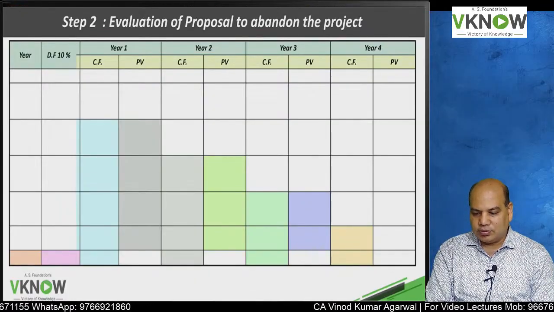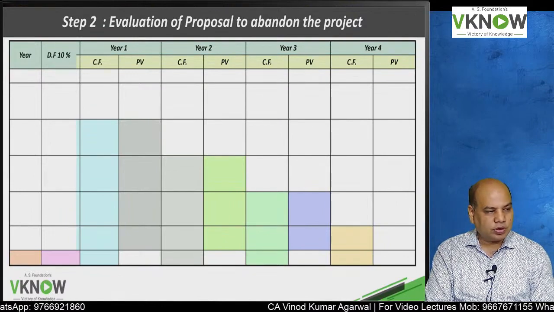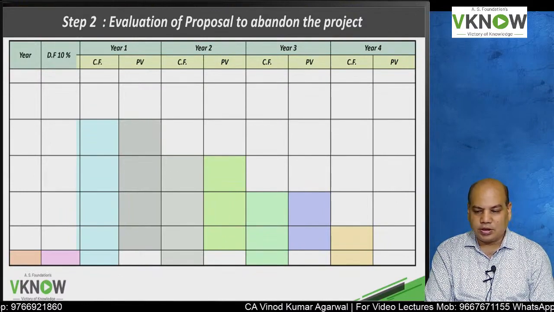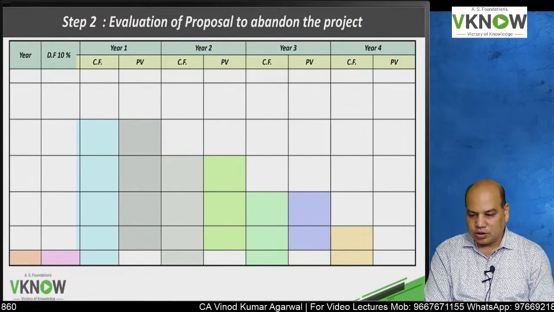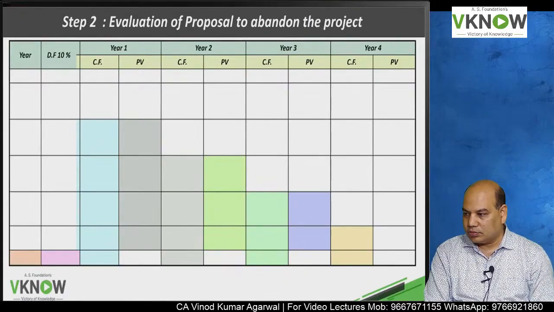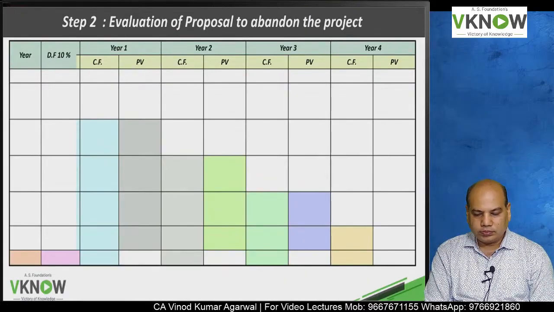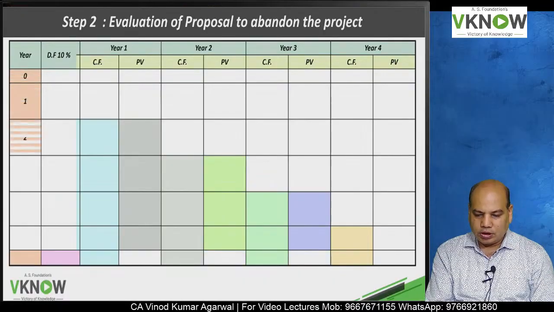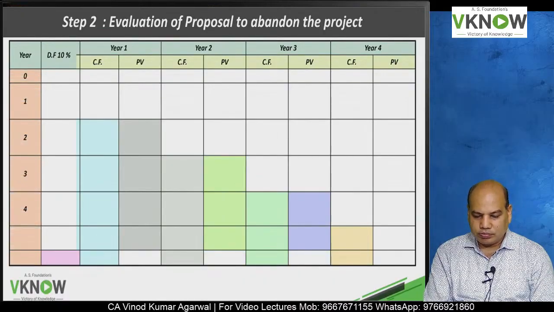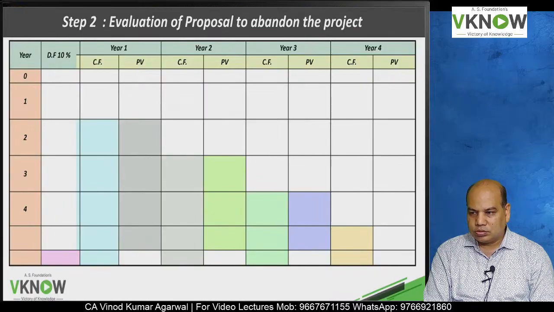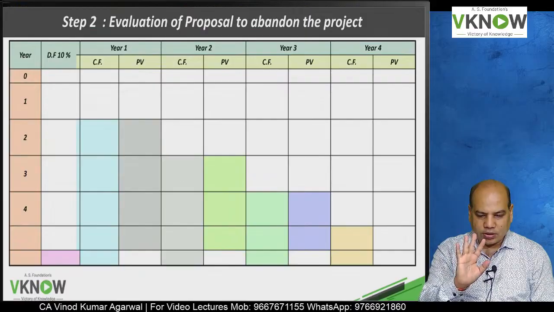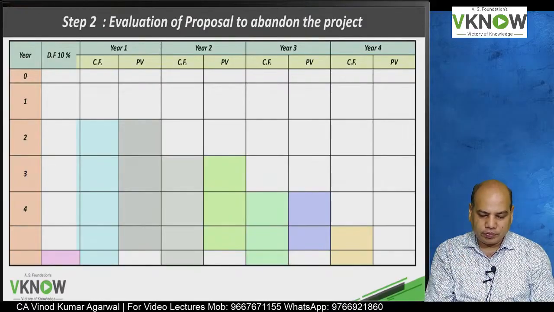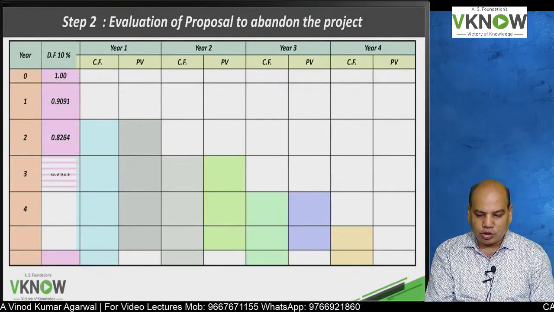Under that year 1, cash flow, present value; year 2, year 3, year 4 likewise. In the year column write year 0, 1, 2, 3, 4, because the 5 year calculations we have already done.